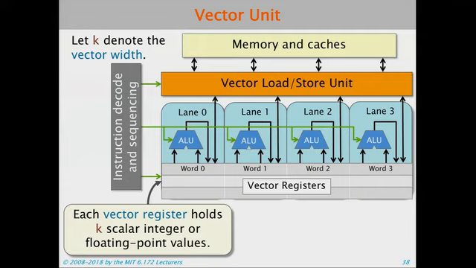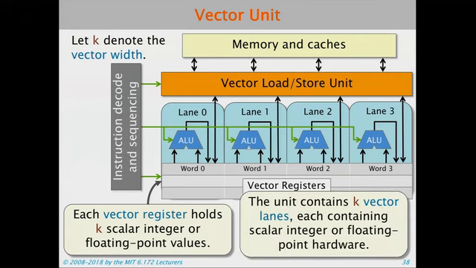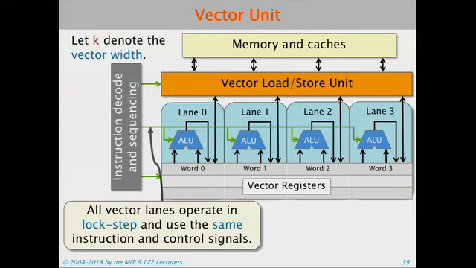And so whatever K is, in the example I just said, K was 4, and the lanes are the thing each of which contains the integer or floating point arithmetic. But the important thing is that they all operate in lockstep. It's not like one is going to do one thing and another is going to do another thing. They all have to do exactly the same thing.